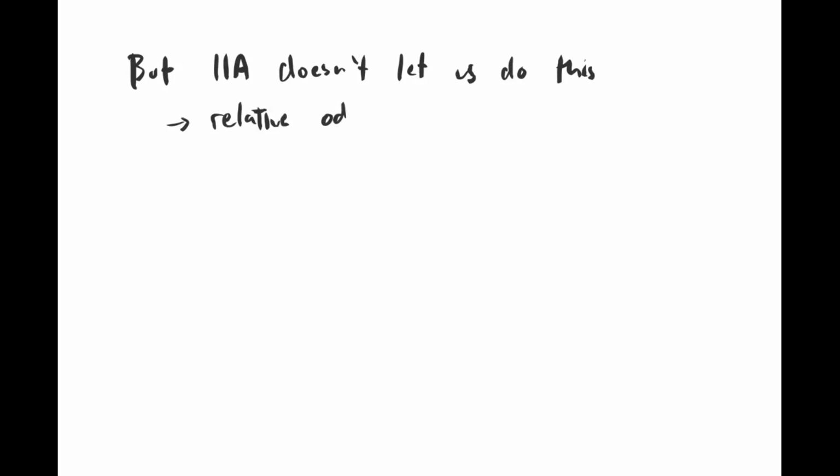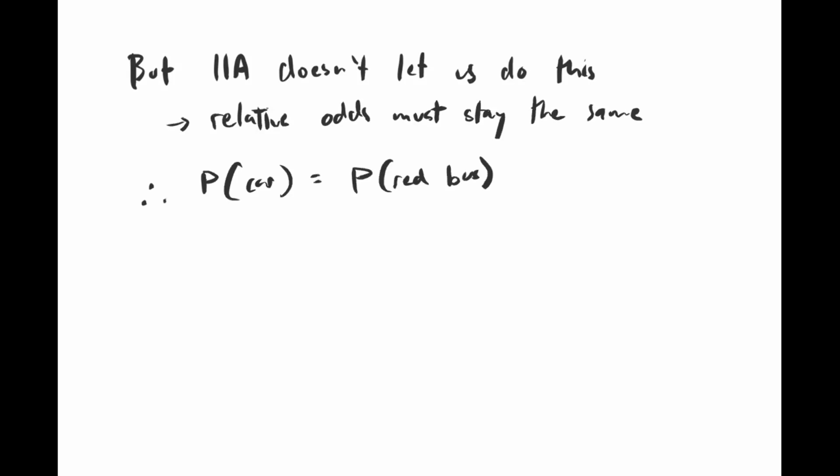But IIA, the independence of irrelevant alternatives, doesn't let us do this. Remember that relative odds must stay the same, always. And therefore, the probability of car must equal the probability of the red bus, because the relative odds have to stay the same between my alternatives.